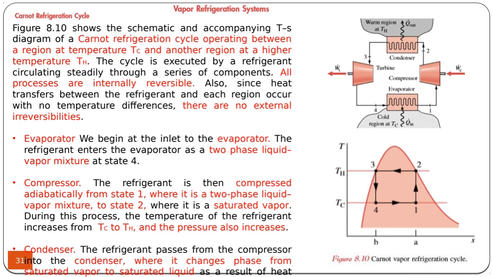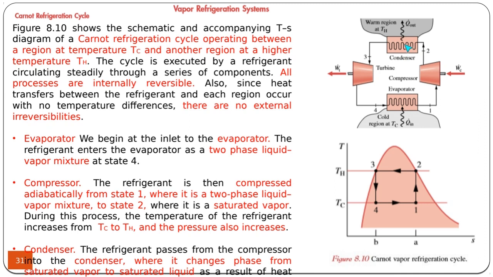Remember, in Carnot systems, we assume that the system is without irreversibilities, whether it's a Carnot power generation system or a Carnot refrigeration system. In the case of a Carnot refrigeration system, we have four reversible processes.